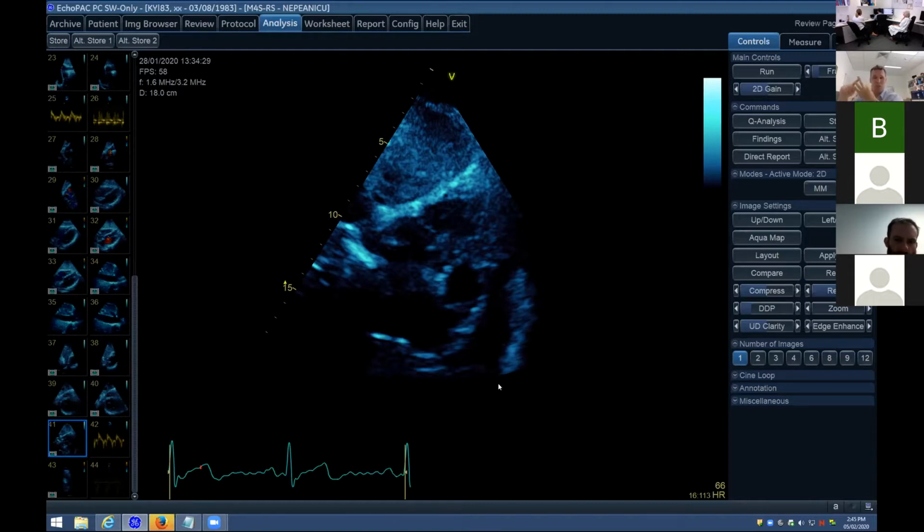We can use our tissue Doppler, and for the LV, looking for systolic prime or S prime motion greater than 7.5, suggesting normal ejection fraction. We can look at our stroke volume. We can look at our mitral regurg, DP, DT, or we can use our subcostal imaging. So don't forget to use this, and you can still try and get lots of different angles from your subcostal imaging.